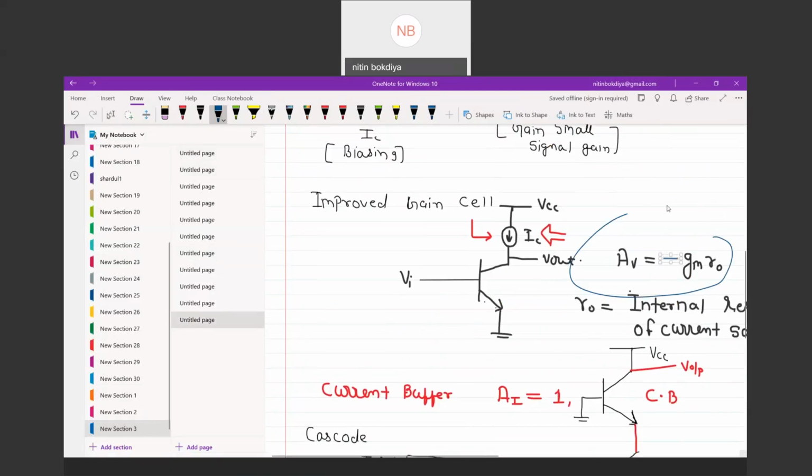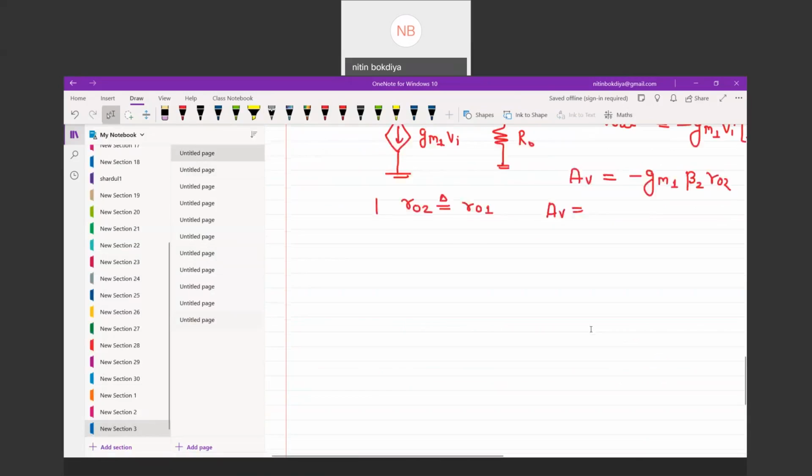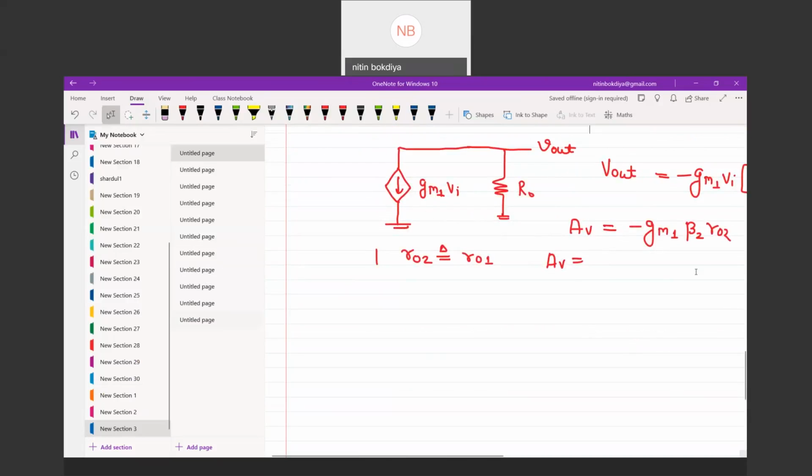And if this is the basic expression, GM1 into R01 is the basic gain. Let's write this as A0. So this is A0 into beta, so basic gain is also enhanced by beta.